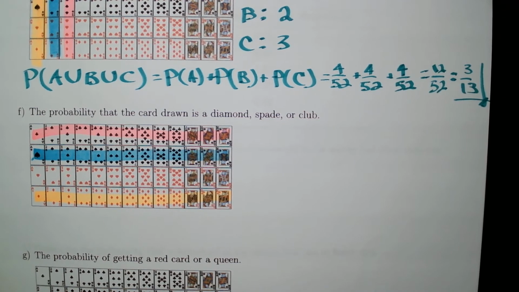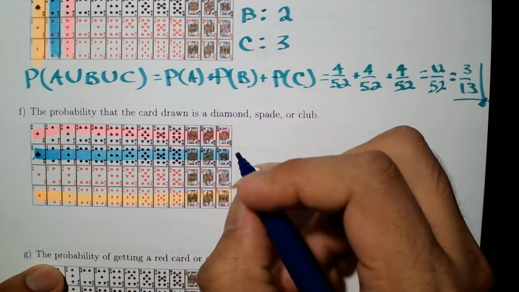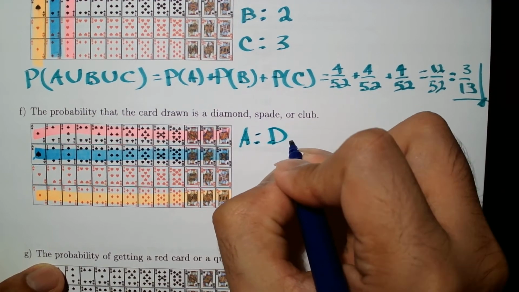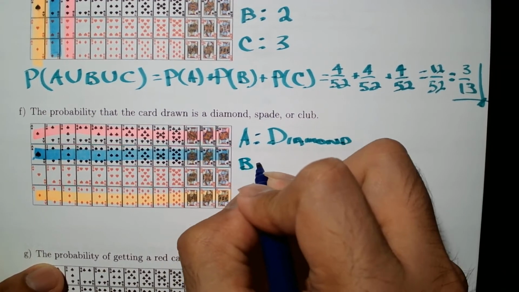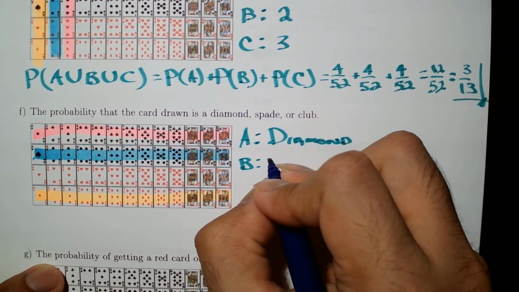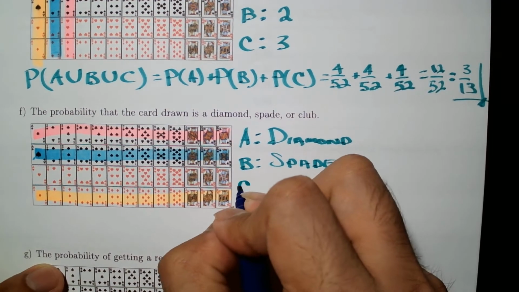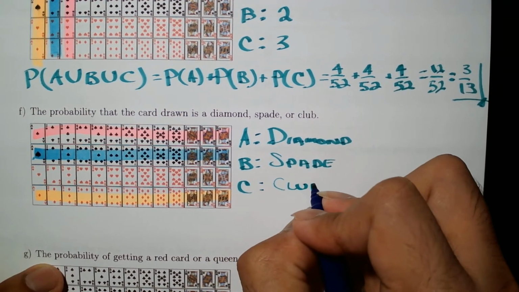So there are 3 events going on in this case. So event A, let's define event A as drawing a diamond. B, drawing a spade. And C, drawing a club.